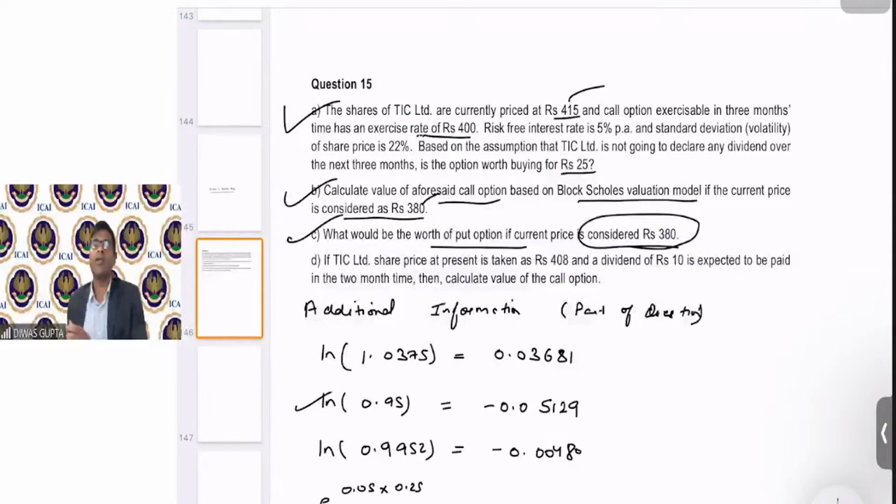They are asking us to calculate the value of a put option at a strike price of 380. How will you calculate? Is there an easy way to calculate? Come on, students, tell me.